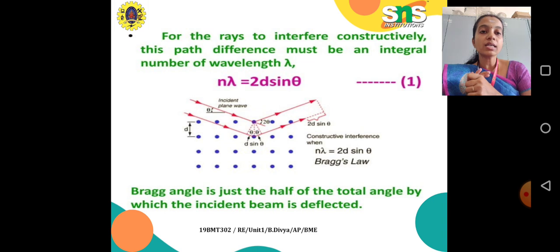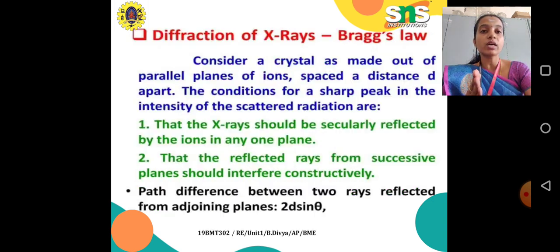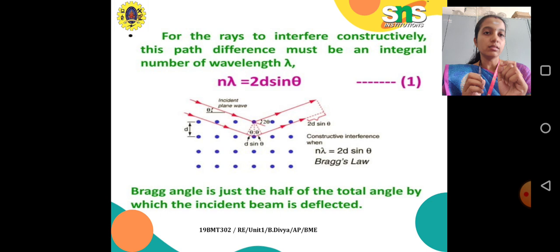Bragg's angle is just half of the total angle by which the incident beam is deflected. In this video we are seeing about diffraction of X-rays, Bragg's law. That angle theta in 2d sin theta is called Bragg's angle. n lambda is equal to 2d sin theta.